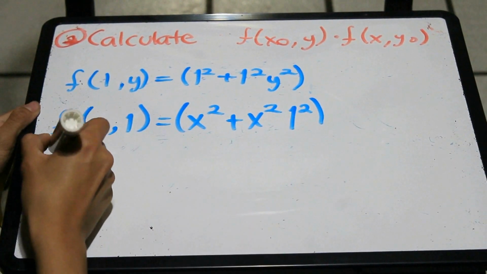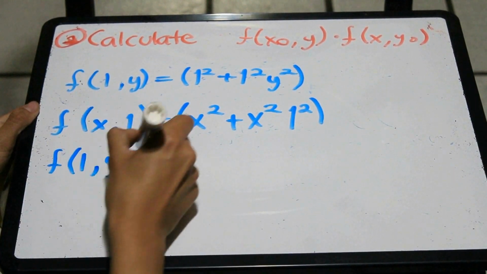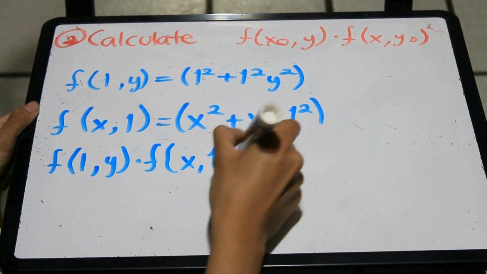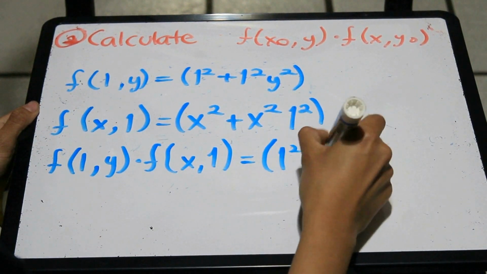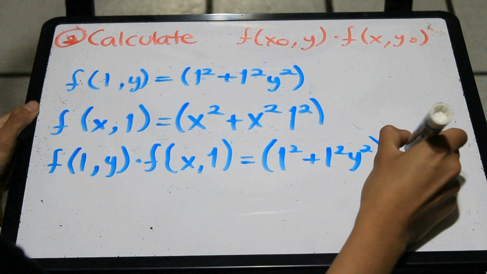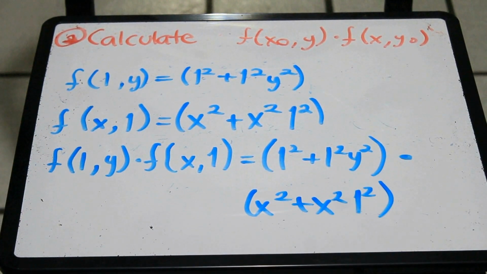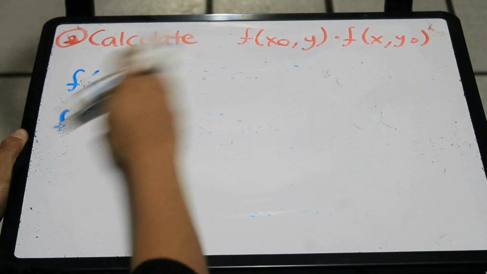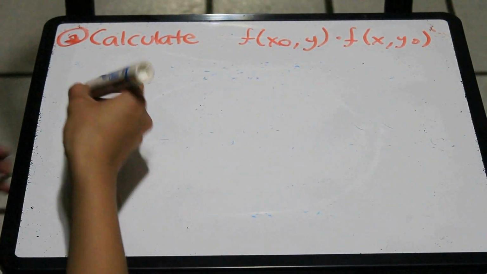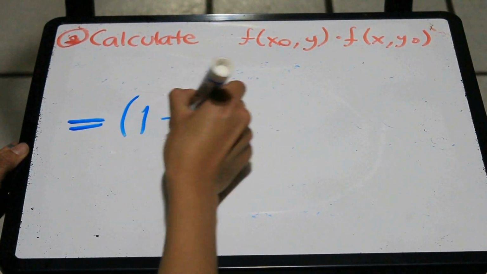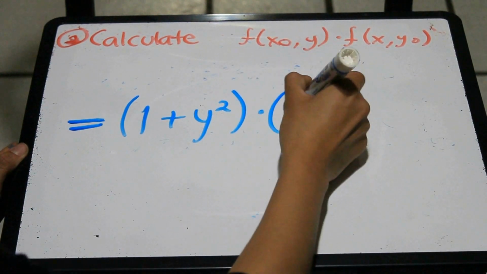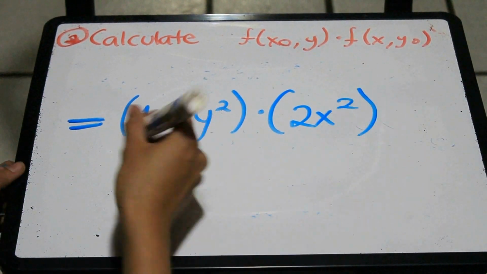Now let's leave the x unchanged and replace y with 1, and it will be x squared plus x squared times 1 squared, that is f of x, 1. We do the operation and it will be 1 plus y squared times 2x squared.